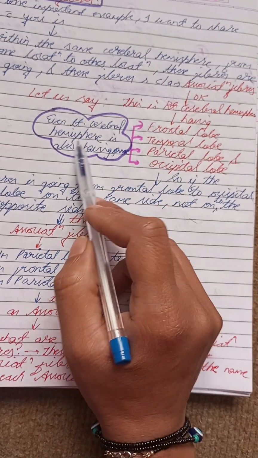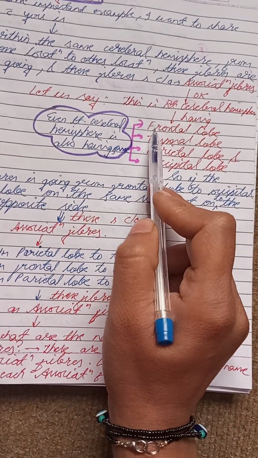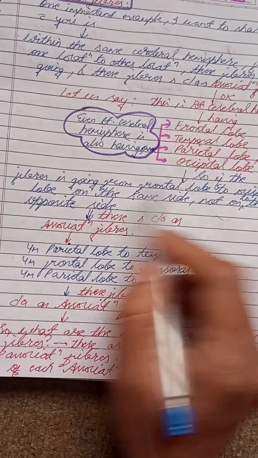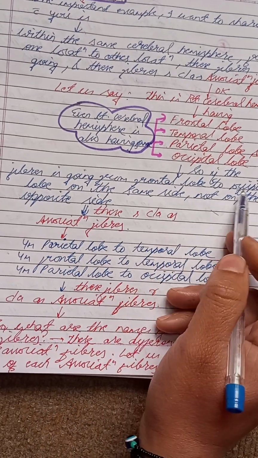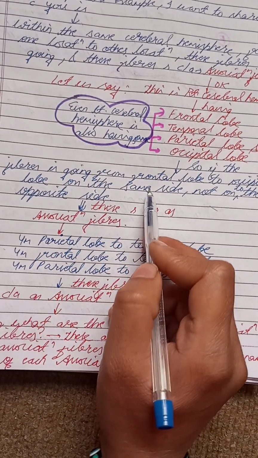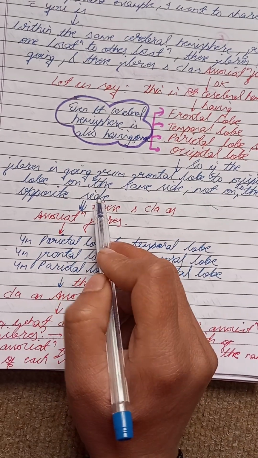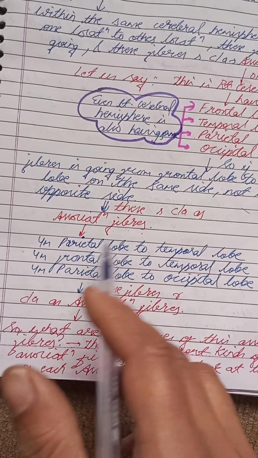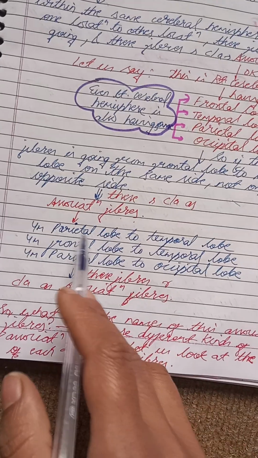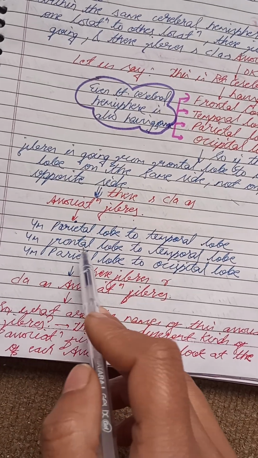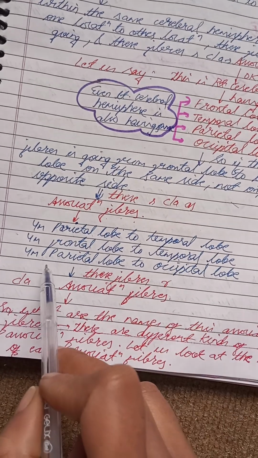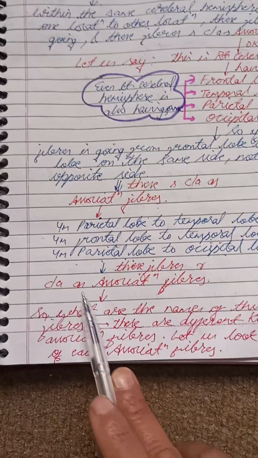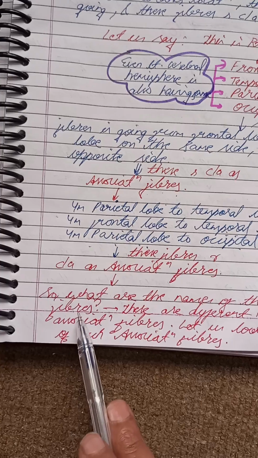In the left cerebral hemisphere we also see the same: frontal, temporal, parietal, occipital. If fibers go from the frontal lobe to the occipital lobe on the same side, not to the opposite side, then these are called association fibers. That is, from parietal to temporal lobe, or frontal to temporal lobe, or parietal to occipital lobe. These fibers are called association fibers.